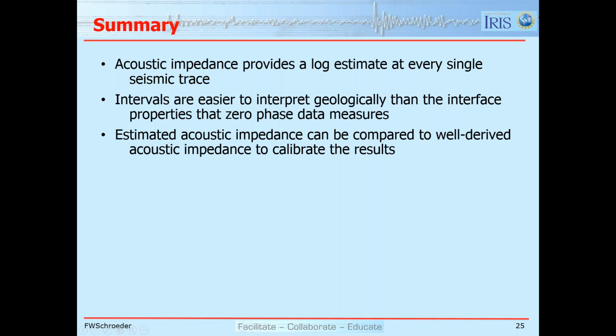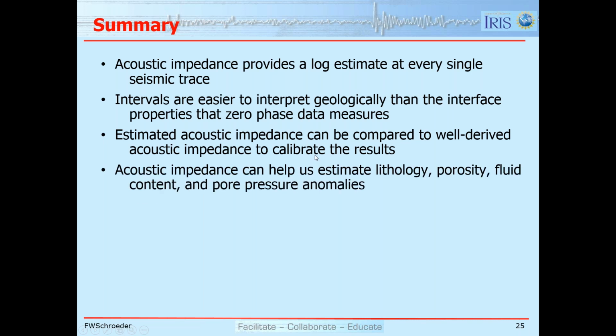The estimated acoustic impedance can be compared to the well-derived acoustic impedance to try to do some calibrations and understand what increases and decreases in impedance represent. Acoustic impedance can help us estimate lithology or porosity or fluid content, or help in our prediction of pore pressure.